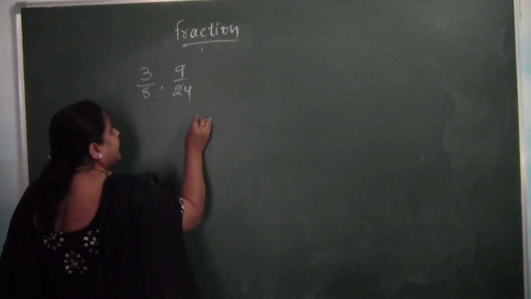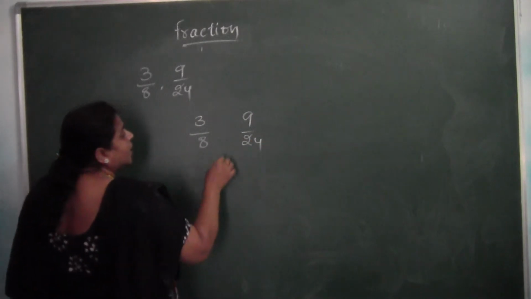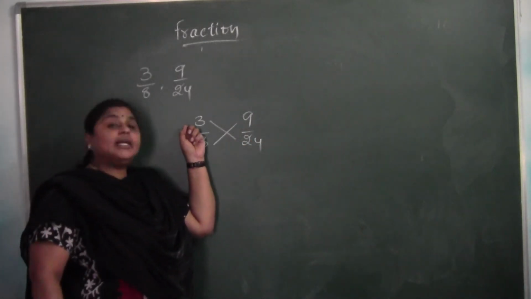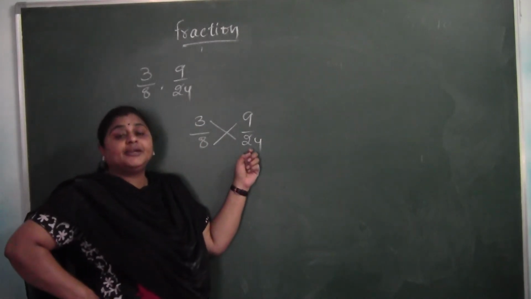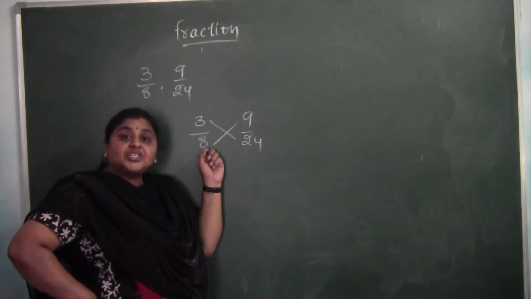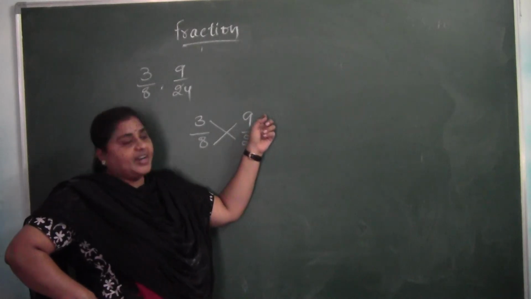How? Cross multiply. The numerator of the first fraction is multiplied with the denominator of the second fraction, and the denominator of the first fraction is multiplied with the numerator of the second fraction.